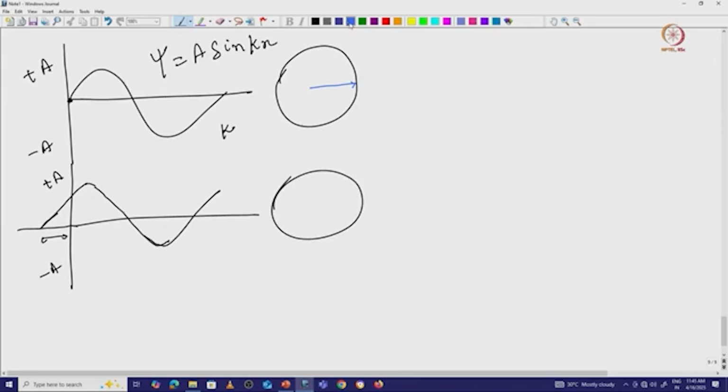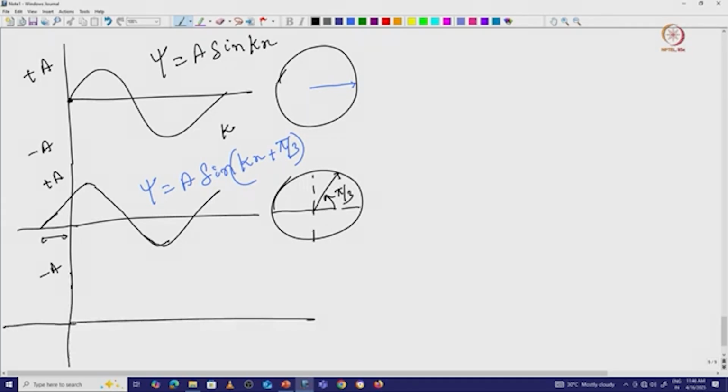What is the phase difference here? If we consider that phase difference, we will write it as A sin kx plus pi by 3, and we want to represent these things in this diagram. Later on it is going to help us. So, you can see that the wave rotated here, and this is pi by 3, right.